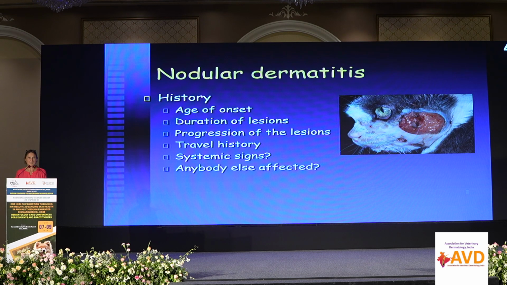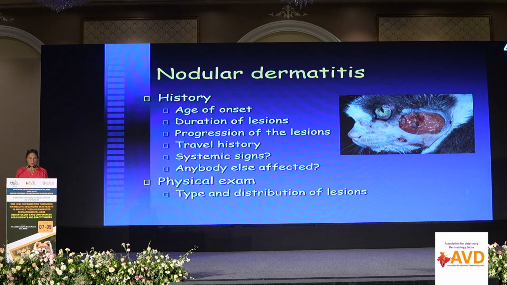I have no idea what your situation is here, but it's important to know where the animal has been so that you can rank your infectious diseases from most likely to least likely. It's also important to know if the animal is systemically ill or not. Some infectious diseases cause a systemic illness and others don't. And also to see if anybody else is affected.